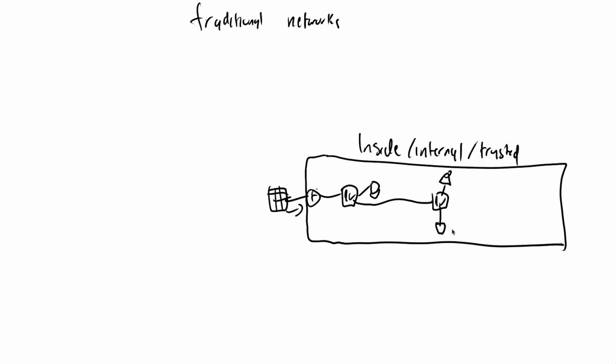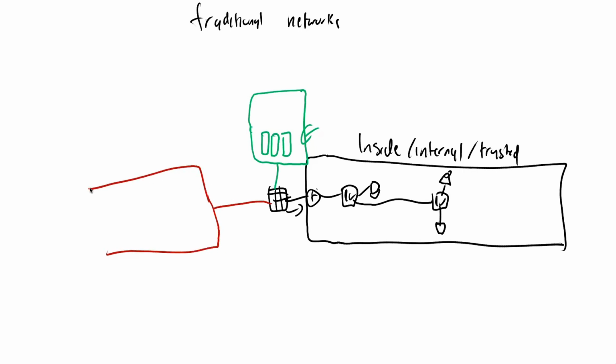That's going to be our inside zone. We can then have something called screened subnets or demilitarized zones. This is where we can have public-facing and internal-facing servers and architecture and services. And then we have the untrusted or outside zone. This is going to be the internet, right, guys? So this will be our provider edge router to the ISP.